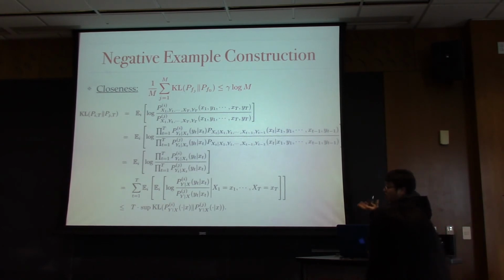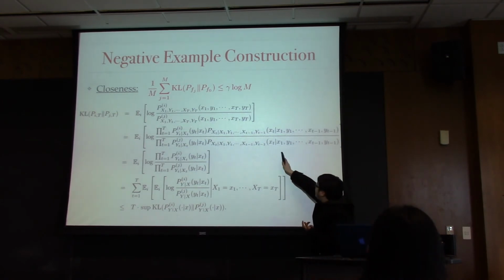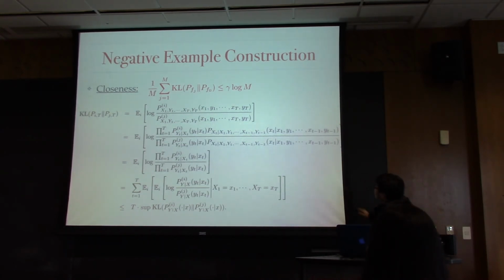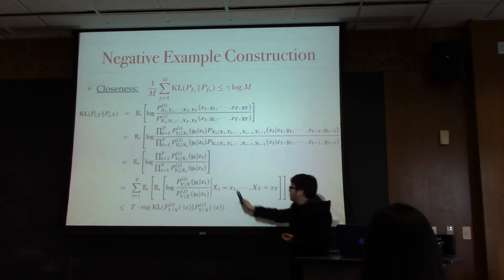However, since my algorithm is the same algorithm, upon seeing the same sequence of data points and labels, it should have the same distribution for the next data point to request. So these two terms can cancel out each other, and eventually what I get is this term.